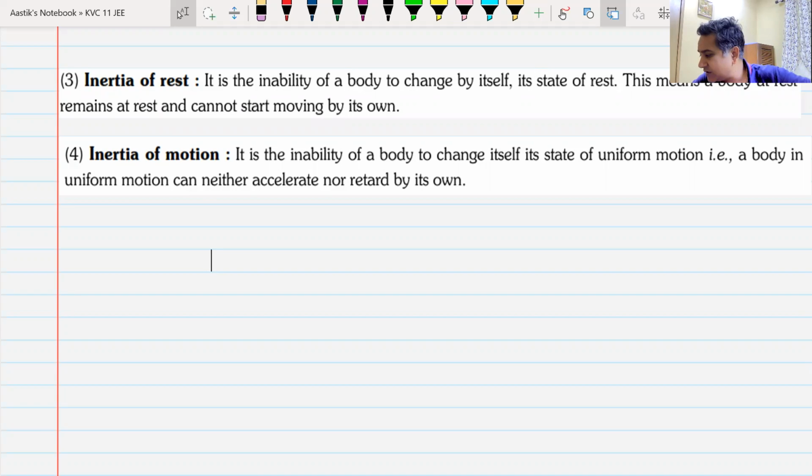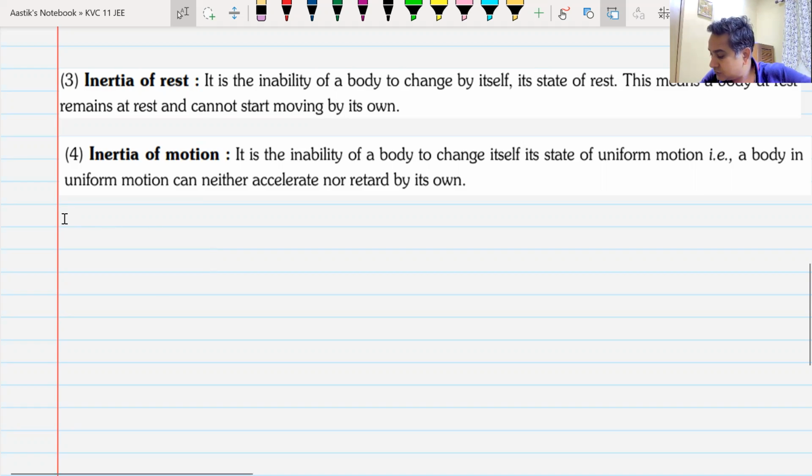Yes, beta? Okay, that is inertia of motion. If a body is in motion, it will continue its motion. Right? Then you can define the third type of inertia as.